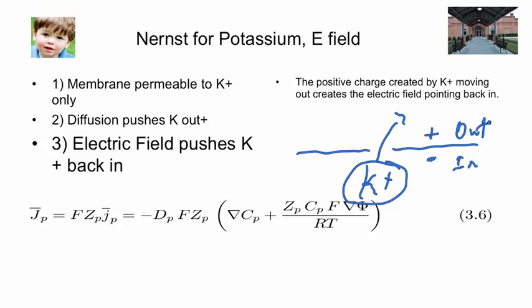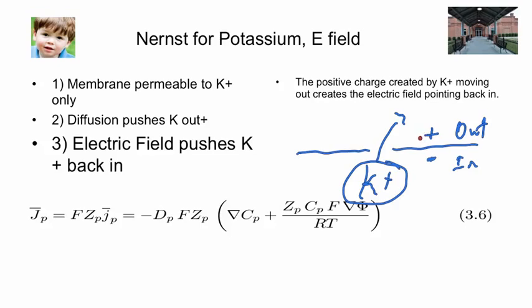And when it lets it leak from the inside to the outside, it carries a positive charge with it. So the result of the potassium ion moving out is that there is excess positive outside, excess negative inside.